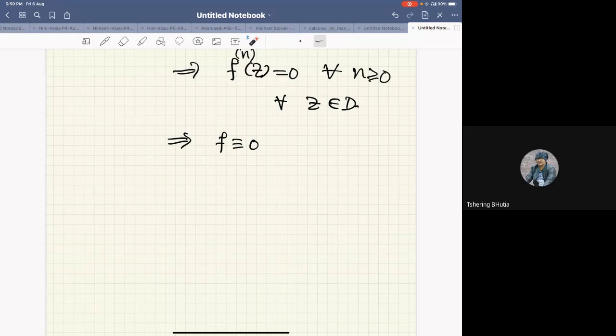If f is 0 at some point, it does not mean that it has to be 0 in some neighborhood. In real analysis, take f of x equals x, which is 0 at 0, but there is no neighborhood where it is 0. That's fine.